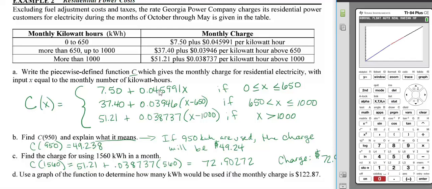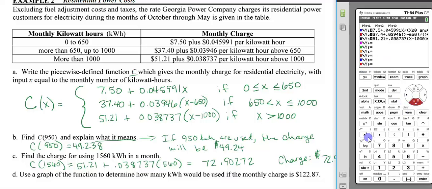See that your rate is going down for each of these tiers. You have that base charge going on as well. So using that graph to determine how many kilowatt hours will be used if the monthly charge is $122.87, well, that would be a C of X. If you choose, you could put that into a fourth function, 122.87, and see what we get here.